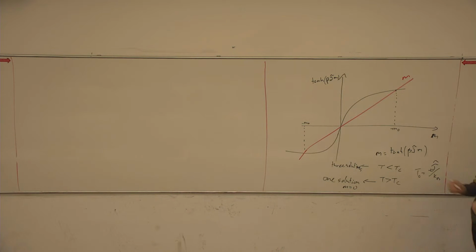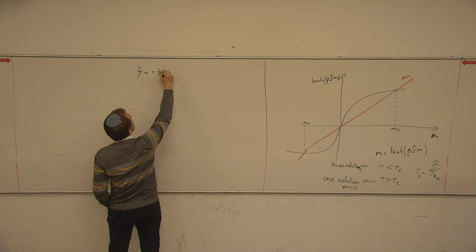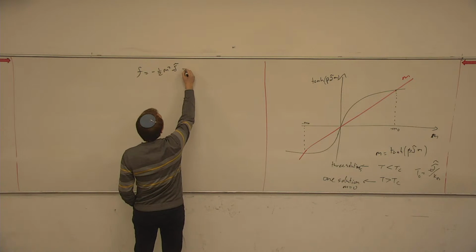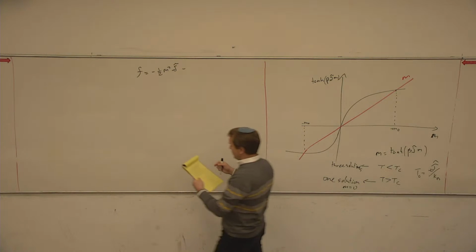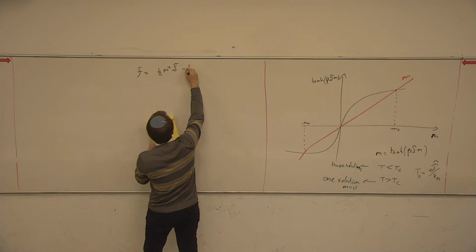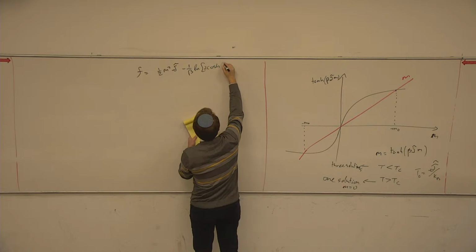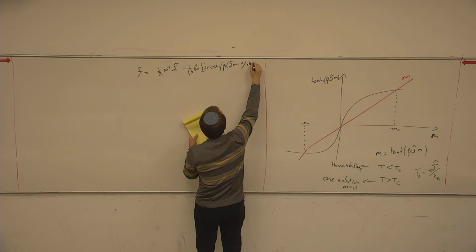So our free energy, I will remind you, was F equals minus 1/2 M squared J tilde, plus, and here was minus 1 over beta, log of 2 hyperbolic cosine of beta J tilde M plus mu 0 H.